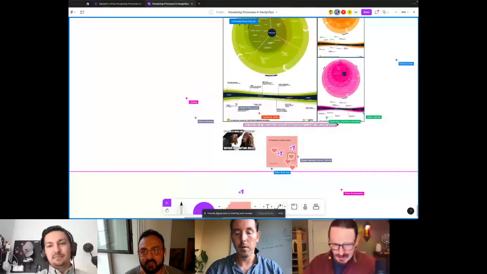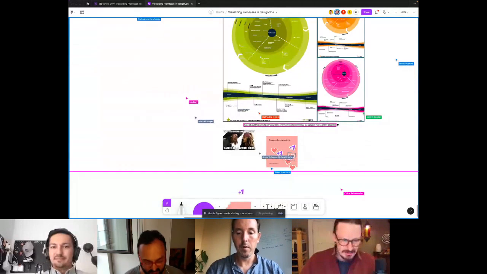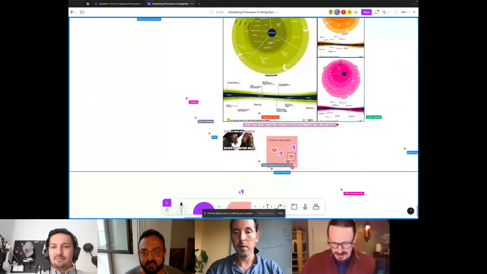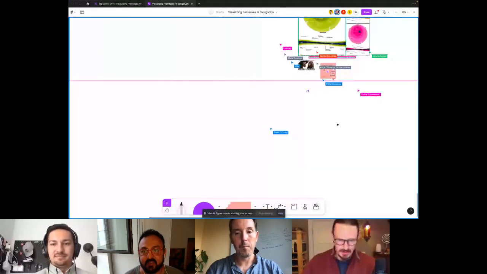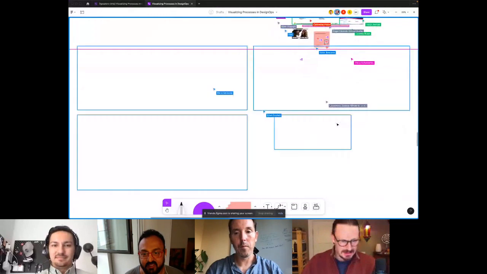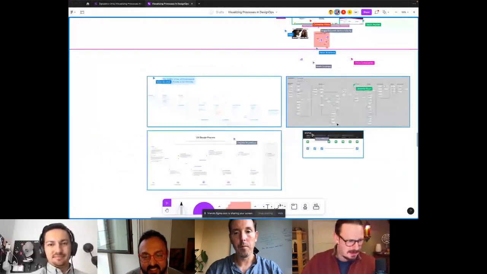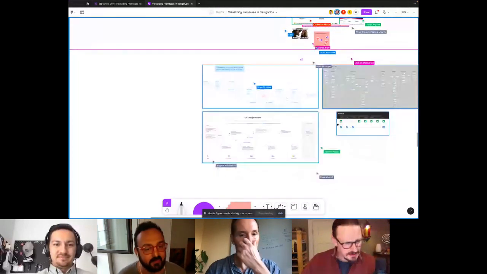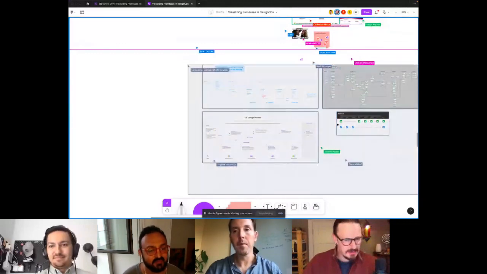The process diagrams are usually made to solve a bit of pain that a team is going through at a certain point in time. I don't think it's surprising that the visualizations we come up with here look an awful lot like journey maps.